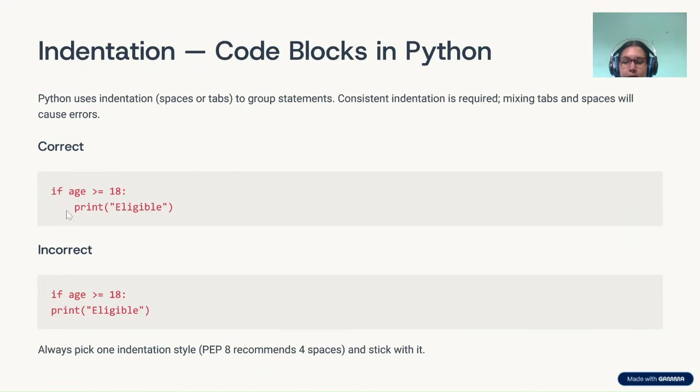If we remove it, it doesn't work, because how would Python know that this print statement is part of the if condition? It doesn't know. It only knows through indentation. So whenever you write an if condition or else, elif, always remember to indent the code inside the block.